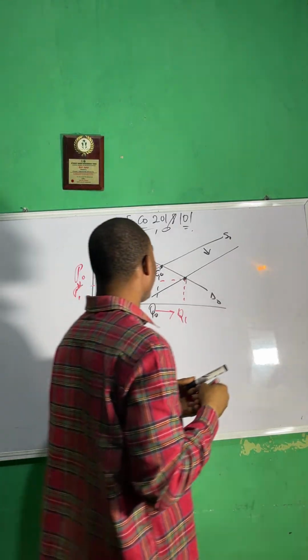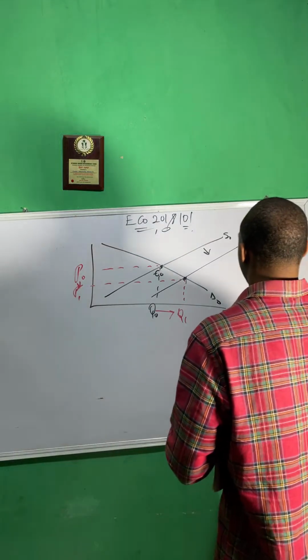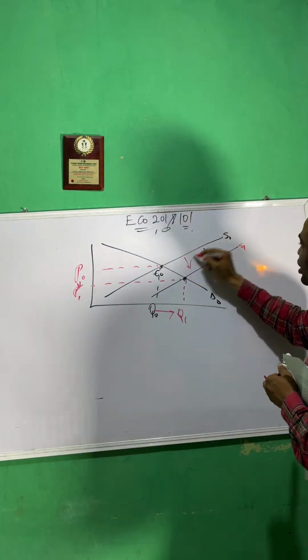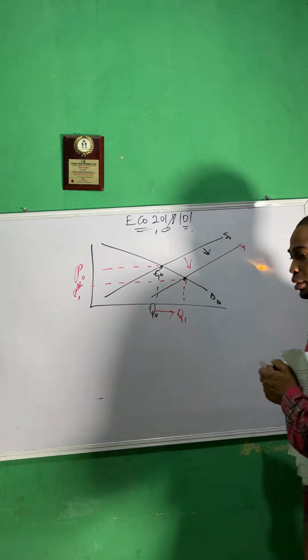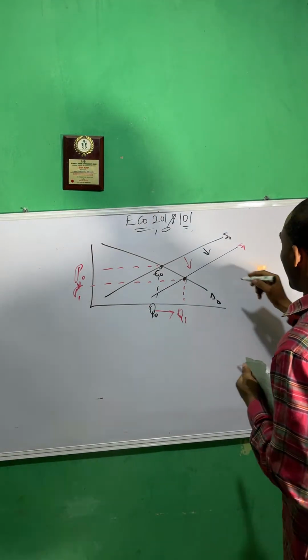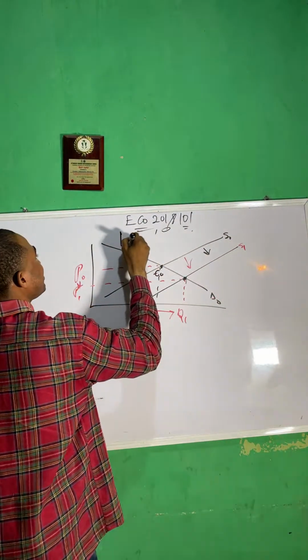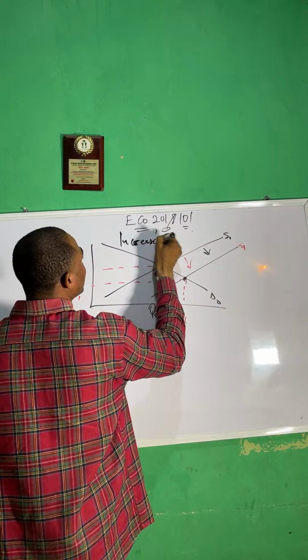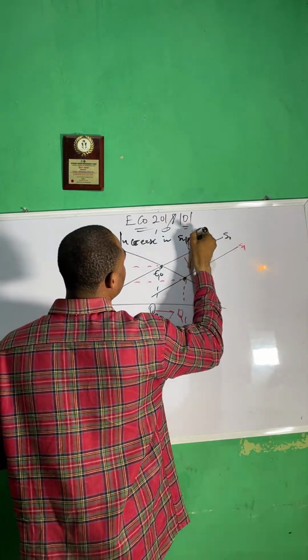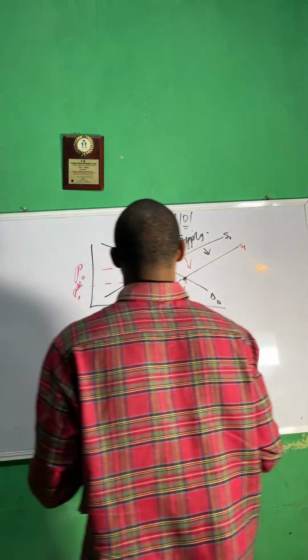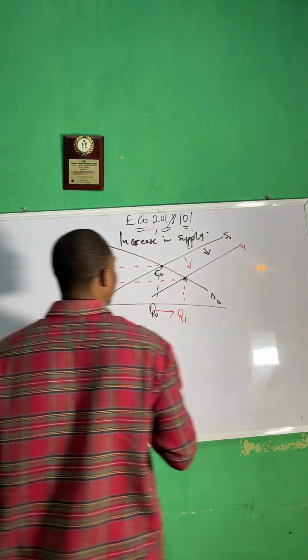This is S1. So the situation here is an increase in supply where demand remains constant.